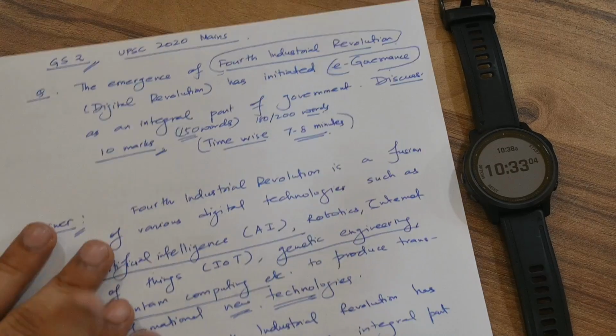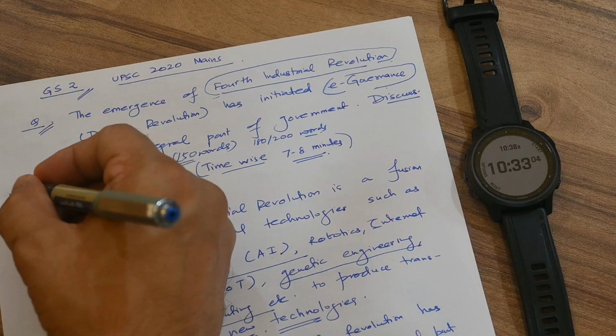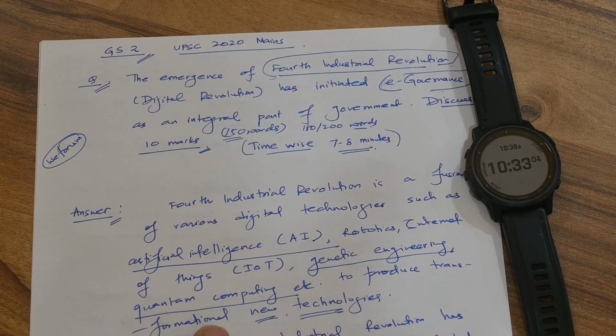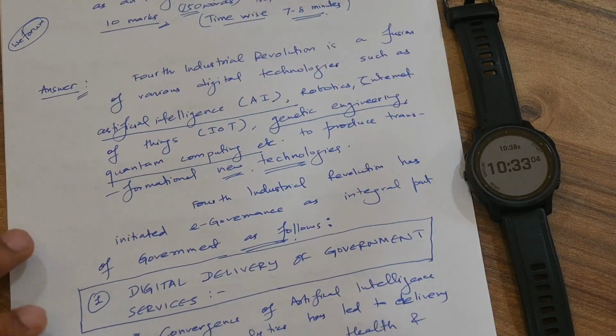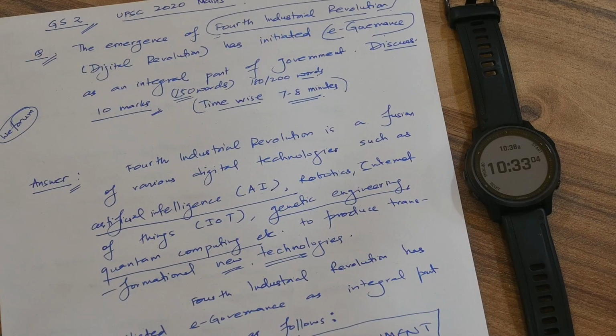This content I got from, I think, the World Economic Forum website. So that's why I say you are not going to get this kind of content from any coaching institute, from any kind of outside source, traditional source.